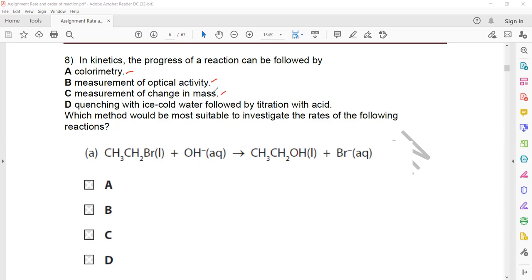Measuring the change in mass is possible if a gas is given off. Quench with ice water followed by titration with acid.